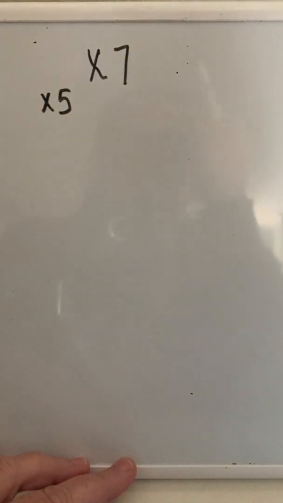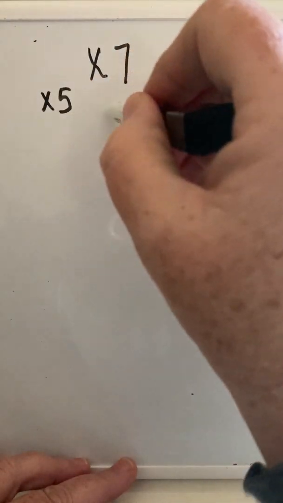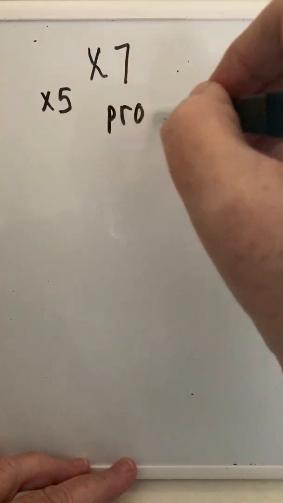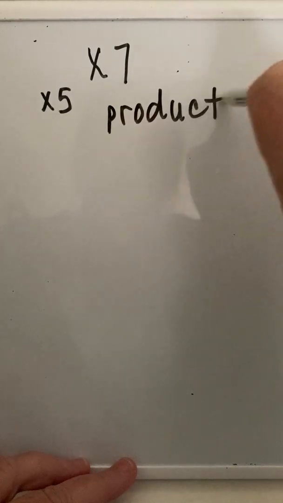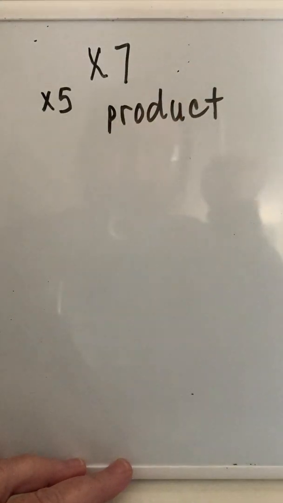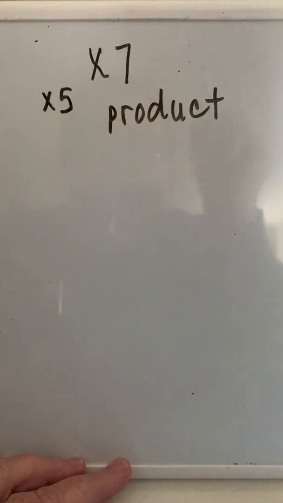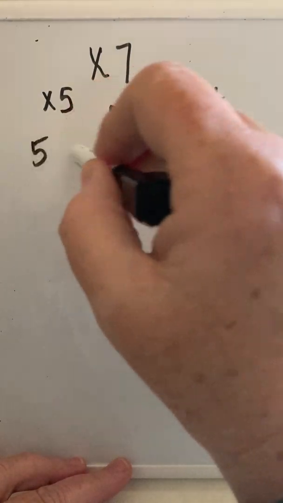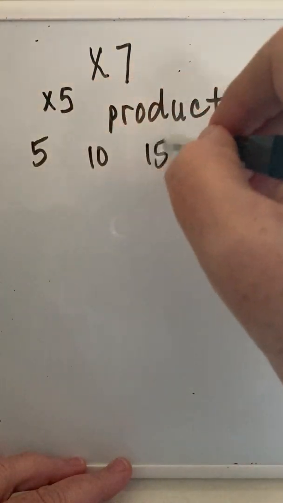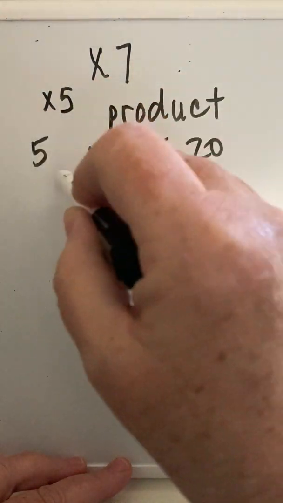Those come quickly to you because your product, this is a math term, which is a fancy math word for the answer, your products are all the numbers you would say if you were counting by 5s.